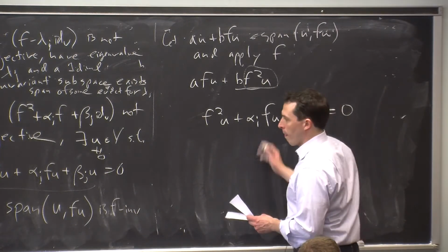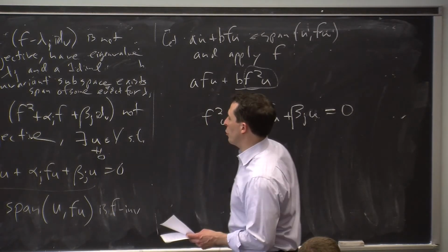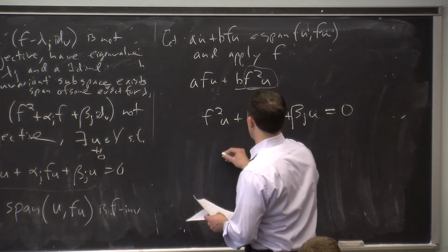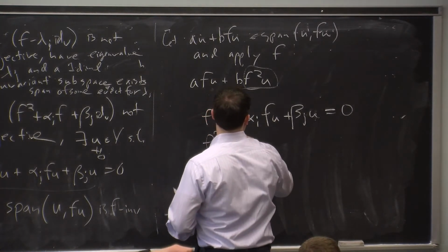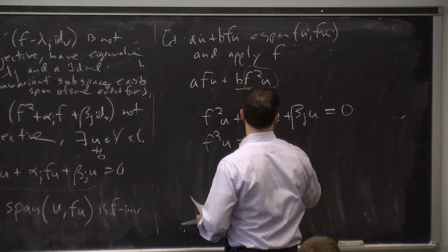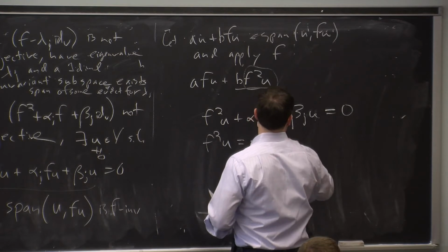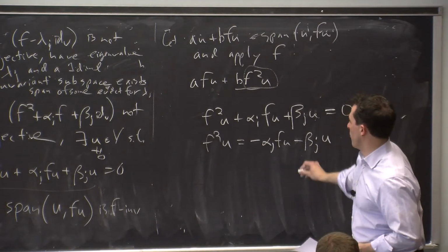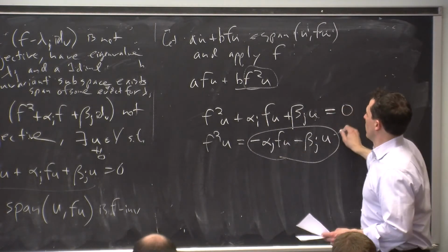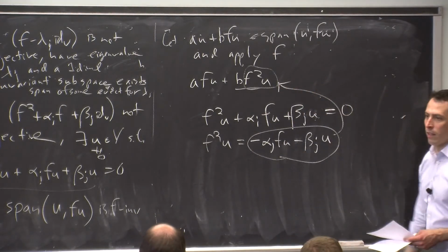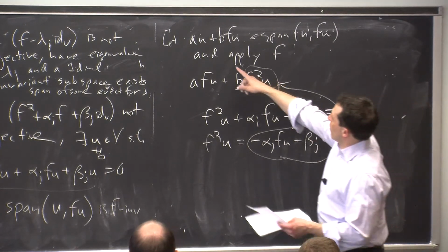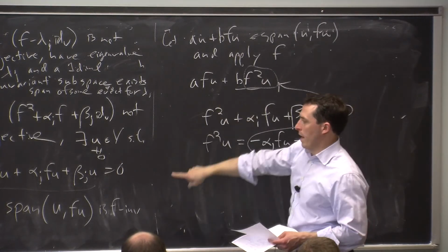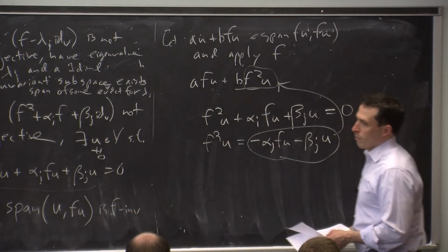Right? We had chosen u to be something that was killed by that quadratic factor. But that means that I can move fu to the other side, minus beta j u. And so I can just substitute this in here. And therefore, f of this can be expressed as something in the span of u and f of u.